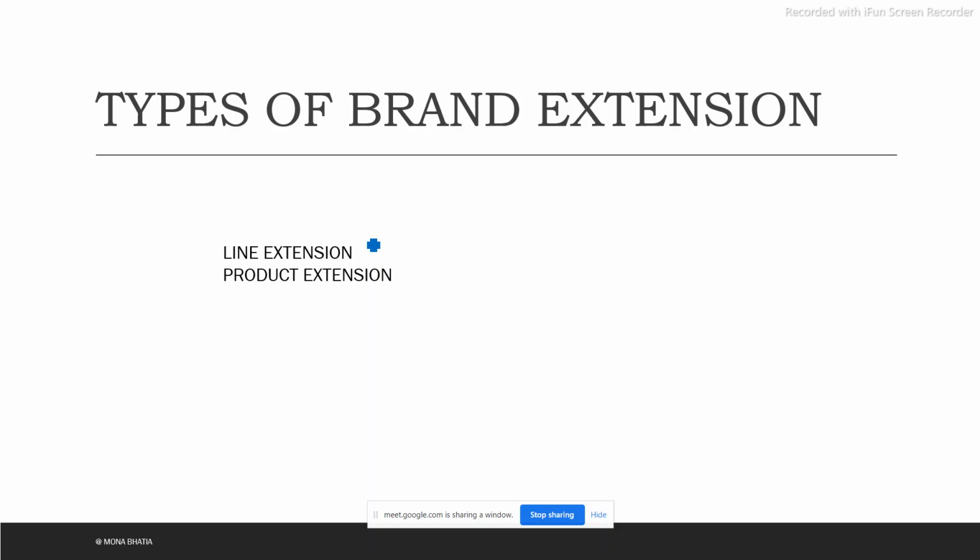Okay? The third is extension of the customer franchisee. That means based on the customer group, the product range is extended. Okay? So this type of extension basically targets a specific group of customers. For example, Johnson and Johnson company focused on products used by babies. So what they did, they started with the extension of customer franchisee.